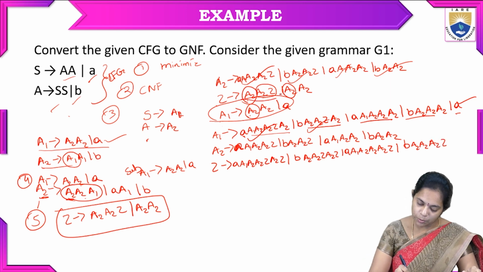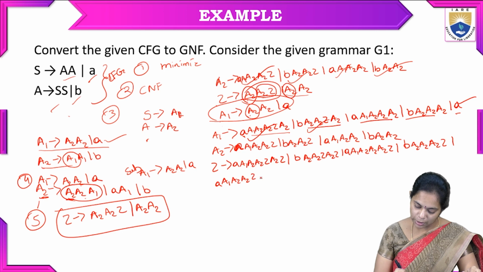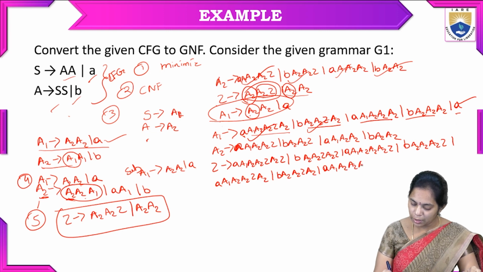So this is the first part done and we have to add this one also. And A2, so we have to add A2 to all the production rules. So A, A1, A2, A2Z, A2 and next B, A2, A2, Z, A2 and A, A1, A2, A2, A2 and B, A2, A2, A2.